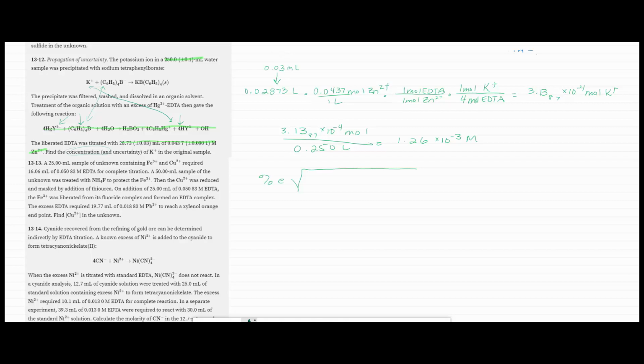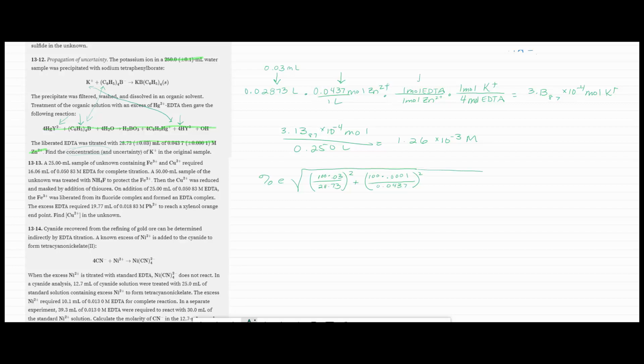So to get the relative percent error, it's 100 times 0.03 divided by 28.73, and then we're going to square that. Then for the molarity of zinc here, 100 times, I believe that's 3 zeros and a 1 divided by 0.0437, squared.